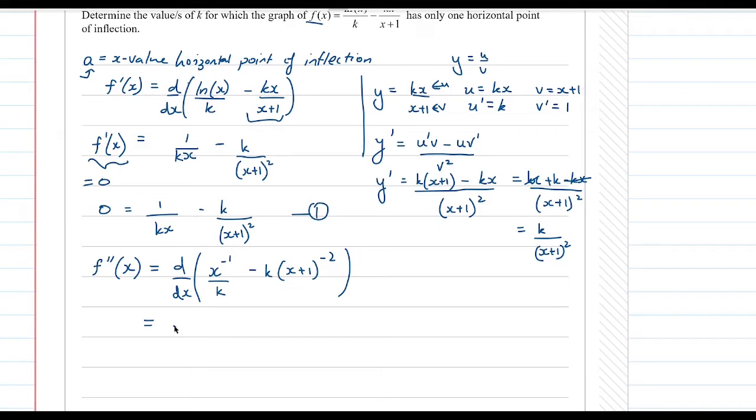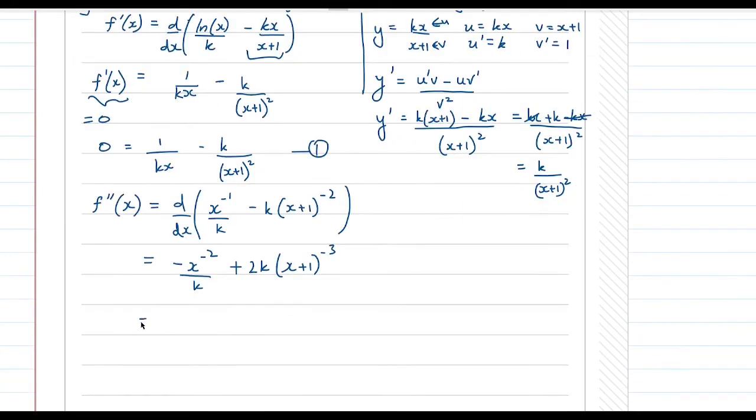This will become negative x to the negative 2 over k minus k times negative 2, so it'll be 2k, x plus 1 raised to negative 3, and making it all positive powers, we get kx squared plus 2k over x plus 1 raised to 3, because the negative 3 becomes a positive 3 when you move the whole thing to the denominator.